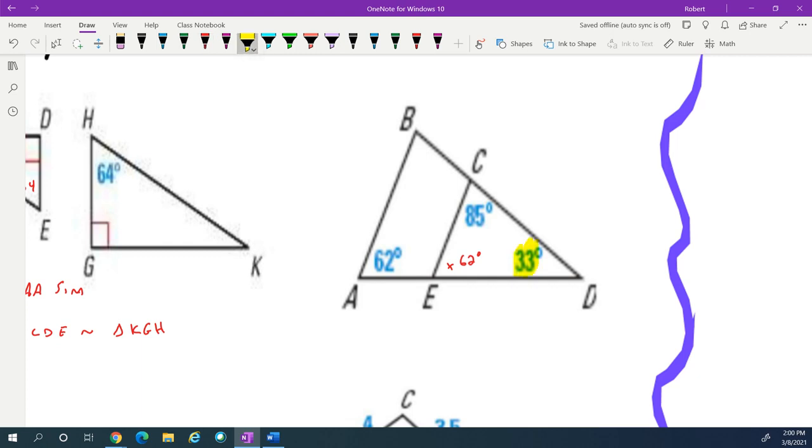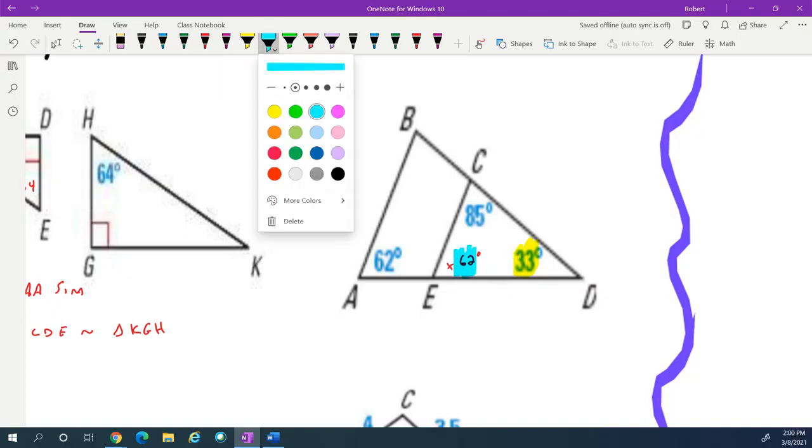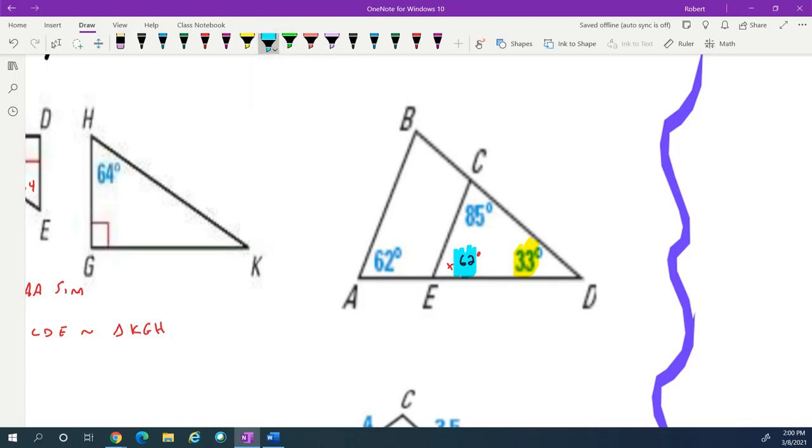So now we have 33 and 62. And then from the big triangle, 33 and 62. So we have AA similarity. One triangle to the other. So on the big triangle, BAD. The little triangle, corresponding order, CED.